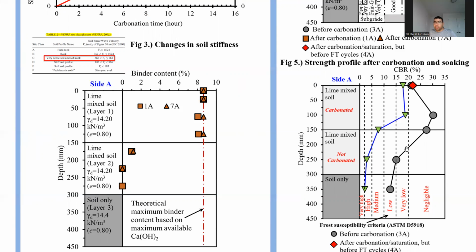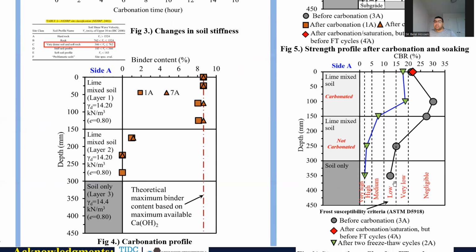Same as before, here you can see the CBR profile with depth, but this time I am presenting the frost susceptibility rating of the material. For example, 0 to 5 represents very high to high frost susceptibility, while more than 20 represents almost negligible frost susceptibility. If we remember, our material from 0 to 150 millimeters was carbonated, and this blue line represents the CBR value after 2 cycles of freezing and thawing.